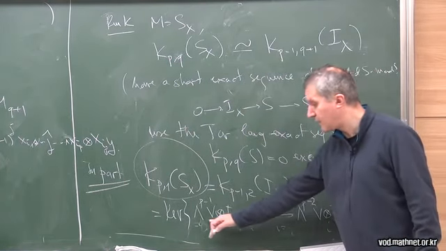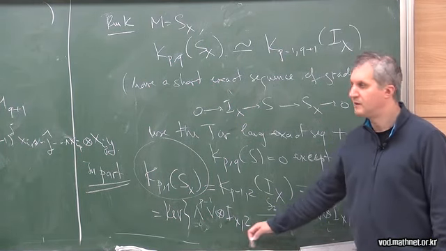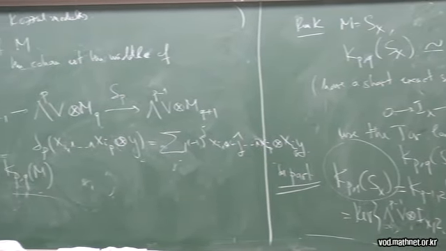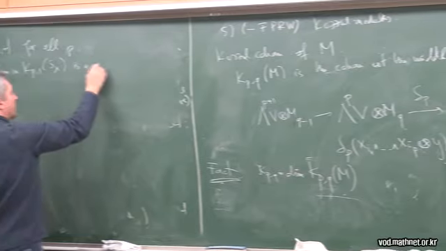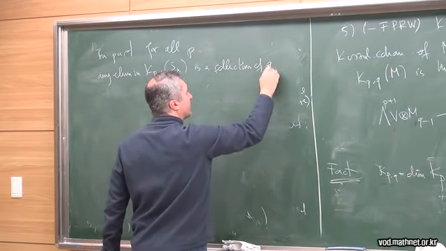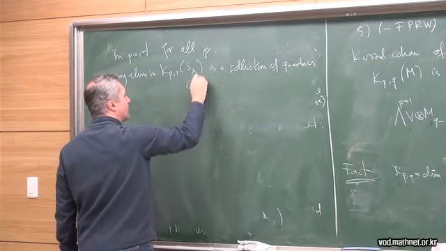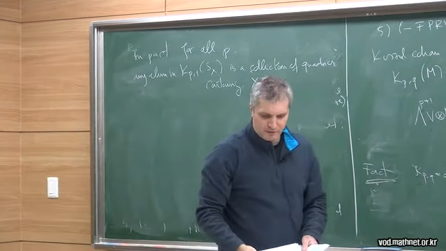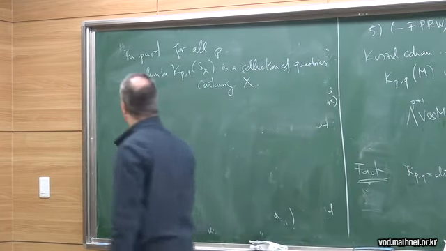So the moral is that, at least when we look at Kp,1s, what is Kp,1? Kp,1 is actually a collection of quadrics. So for all p, any element in Kp,1 of Sx is a collection of quadrics containing X. And these Kp,1s are really interesting in view of the interactions with the geometry.